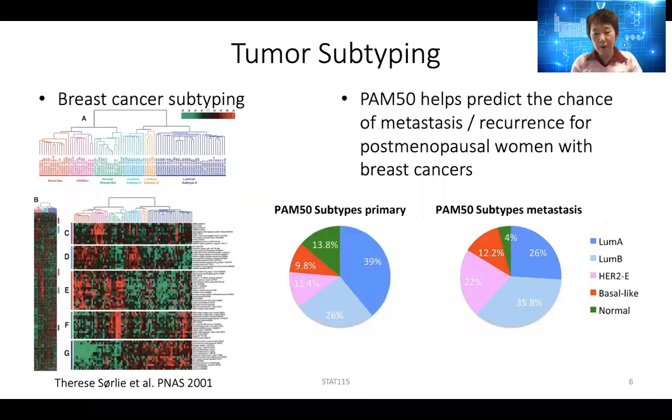Another thing that people are very interested in is tumor subtyping. In the early days, this was mostly done in pathology. You can imagine this in breast cancer.